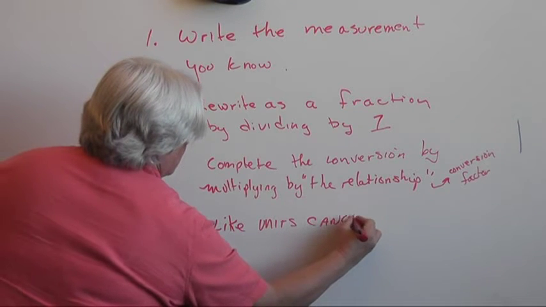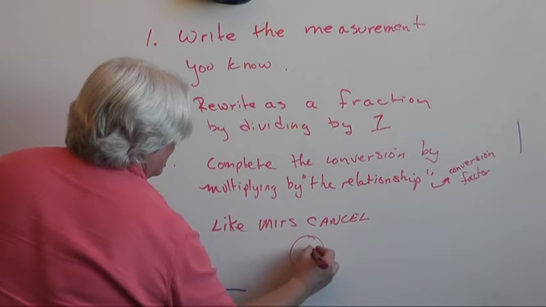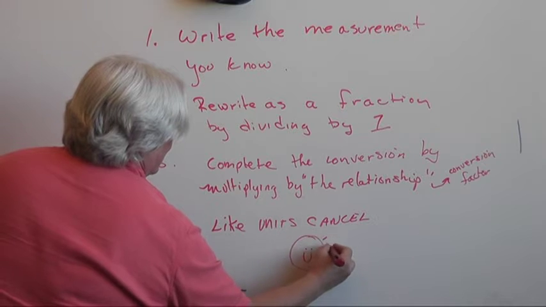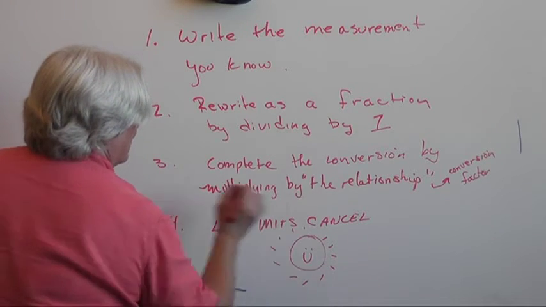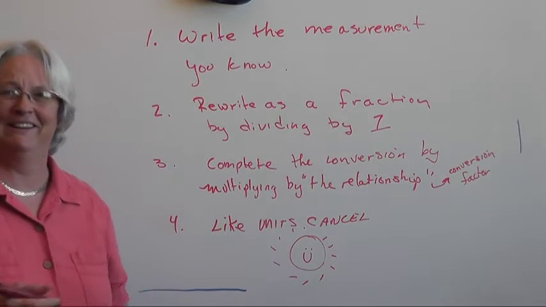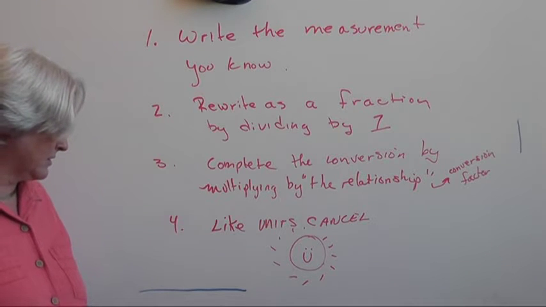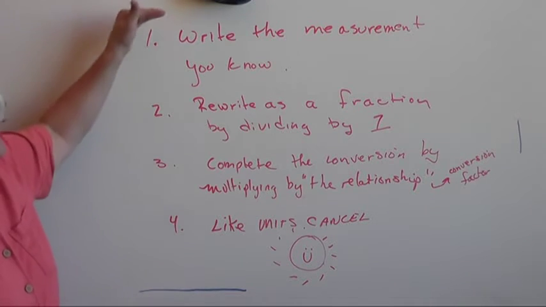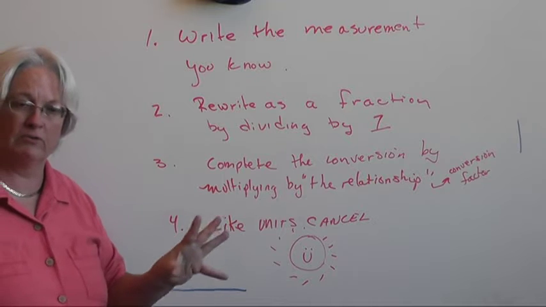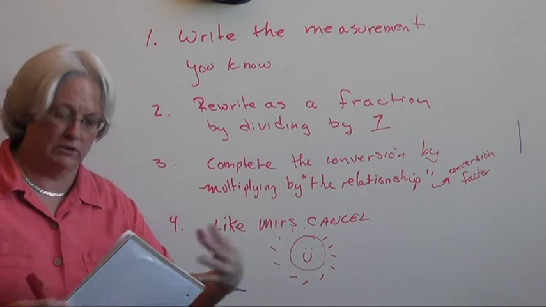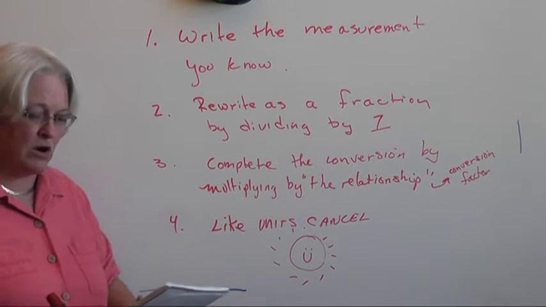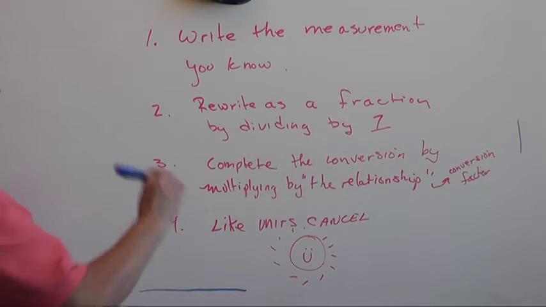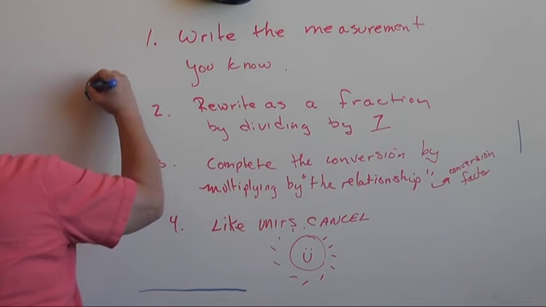And right here, you are very happy because that makes your problem much easier to work with. And this is a method of converting from one unit to another unit. And what they call this is the factor label method.